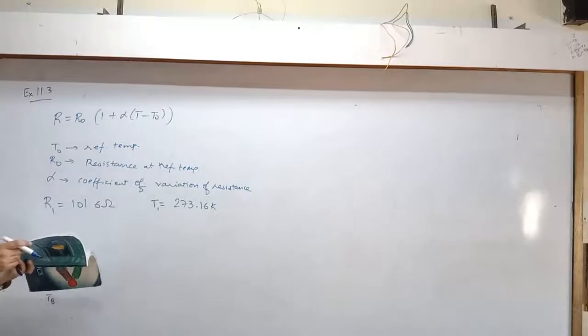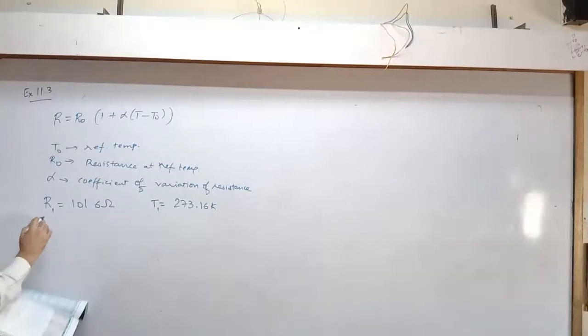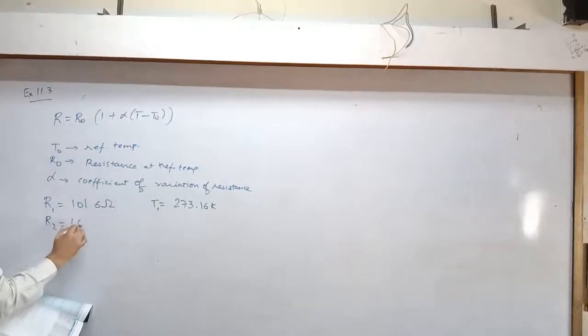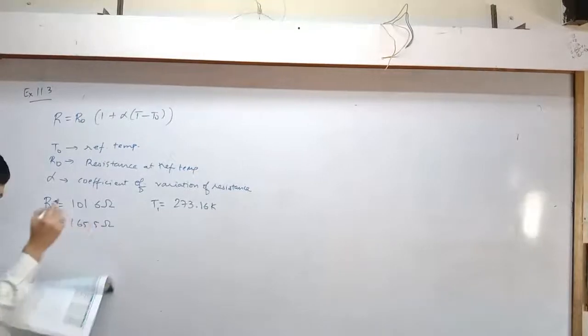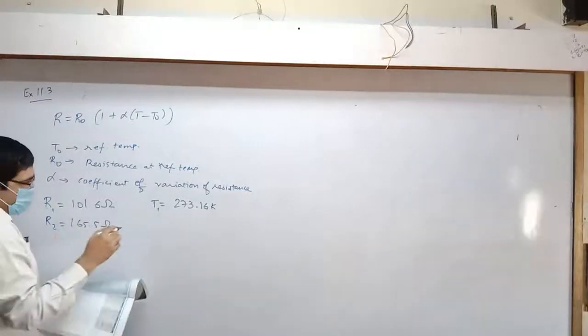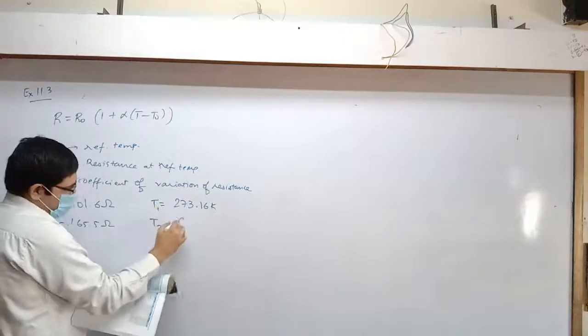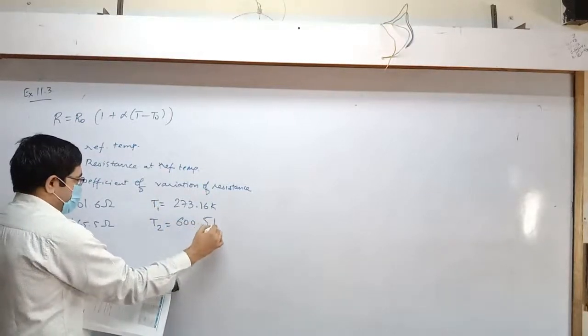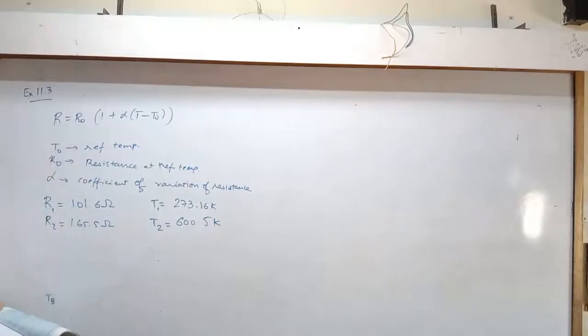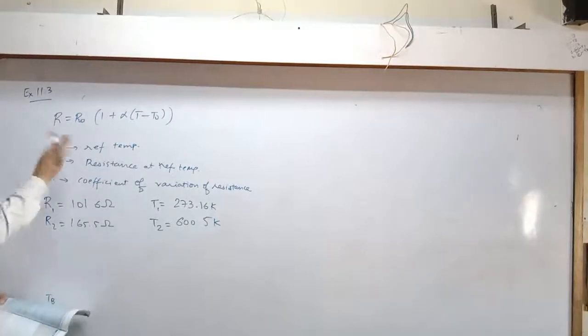Then 165.5 ohm at the normal melting point of lead, which is 600.5. So another temperature is given, and at that temperature the resistance is also given. Okay, we just have to use this formula basically.